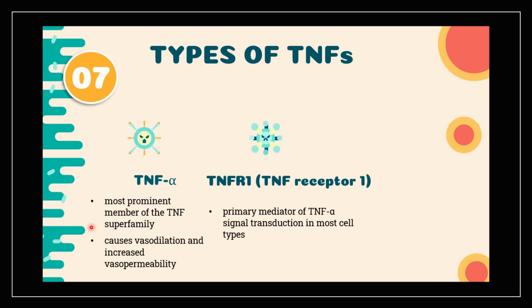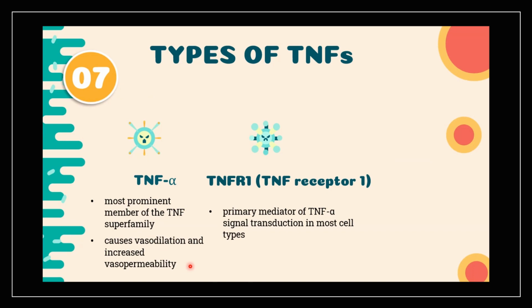TNF alpha exists in both membrane-bound and soluble forms and causes vasodilation and increased vasopermeability. The main trigger for TNF alpha production is the presence of lipopolysaccharide, which is found in gram-negative bacteria.